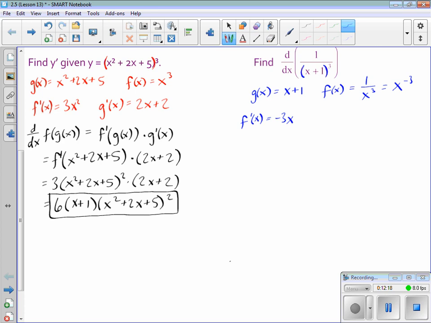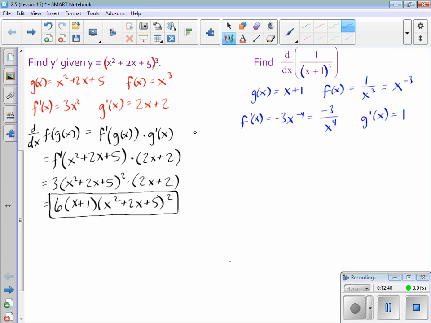Negative 3x to the negative fourth, which we can rewrite as negative 3 over x to the fourth, right? I'm just taking the derivative of this here. And then I'm going to take the derivative of g of x. What's the derivative of g of x? 1. So that one's nice and easy here.